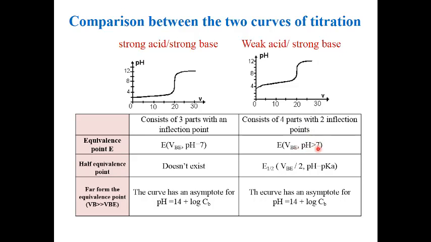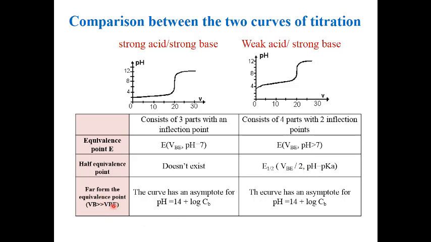Why? As we saw previously, because we have the conjugate base of the weak acid. Half equivalence here doesn't exist. It's something that does not exist when we talked about strong acid and strong base. Here, half equivalence has a volume, the value of its abscissa. It's VB equivalence over 2, and the pH is always equal to pKa. This is something very important.